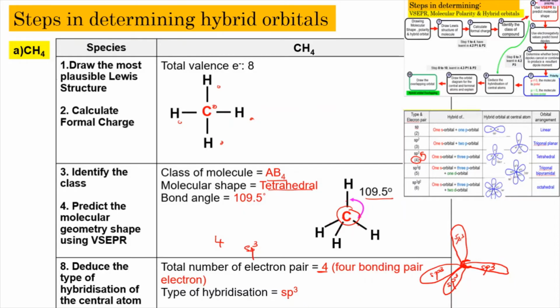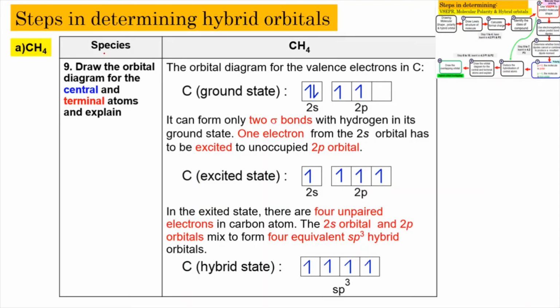Okay, and now we need to draw the orbital diagram for the central and terminal atom, and then we need to explain. This can happen due to the overlapping of the central atom with the terminal atom. For the carbon at the ground state, you know that carbon will have 6 electrons, right?